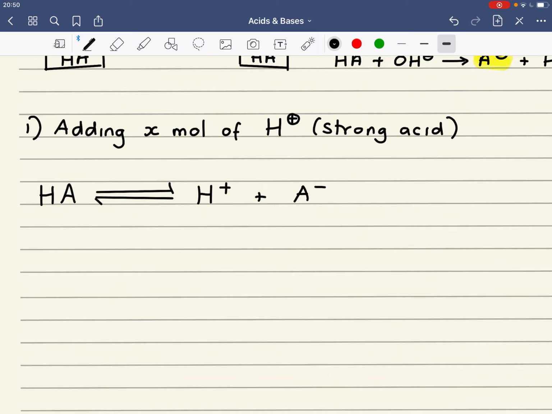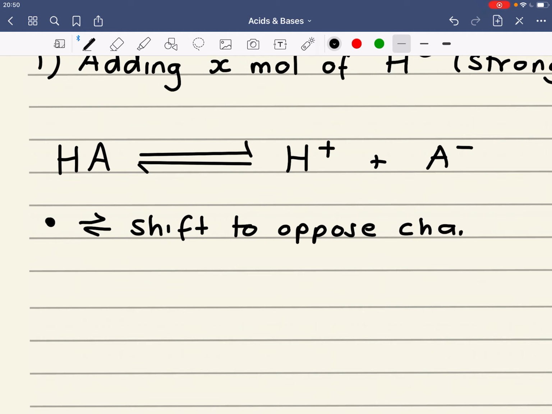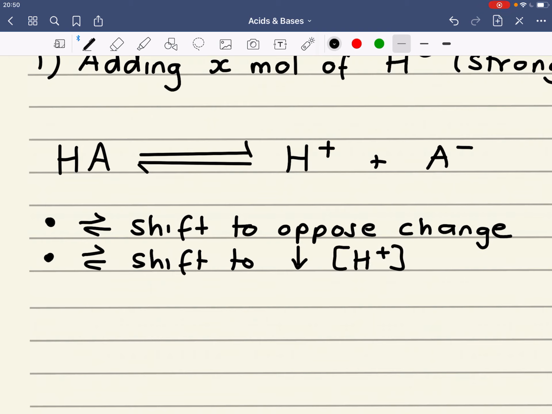So remember, we'd always start by saying if you add hydrogen ions to this equilibrium, the equilibrium would shift to oppose the change. We would say the equilibrium would shift to decrease the hydrogen ion concentration, and therefore the equilibrium would shift to the left.